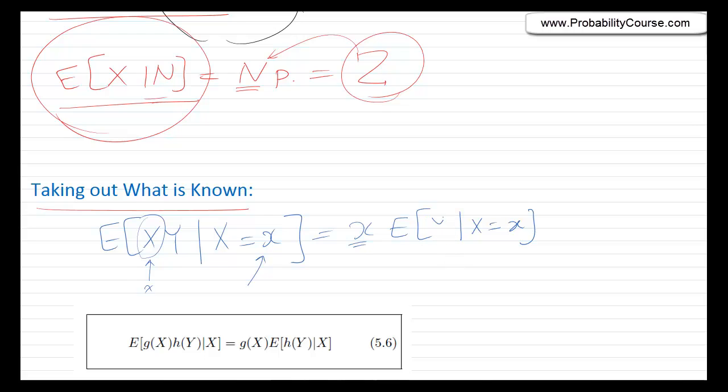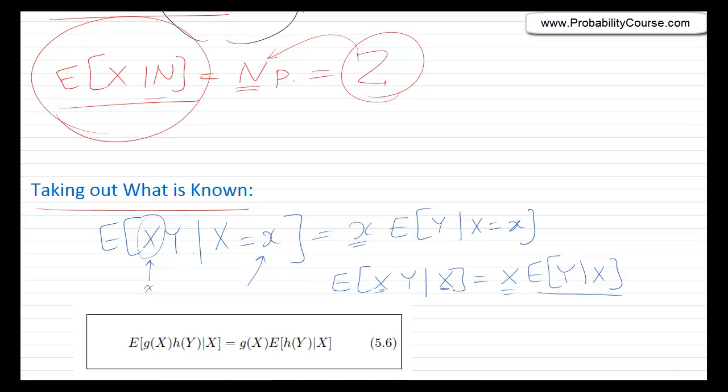If I want to use my own notation that I introduced here, I can write expected value of x times y given the value of the random variable x. Because x is known, I just take it out of the expected value. So it's equal to x times expected value of y given x.